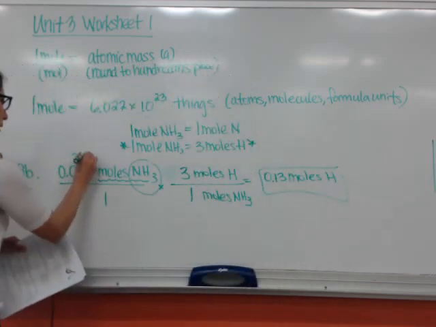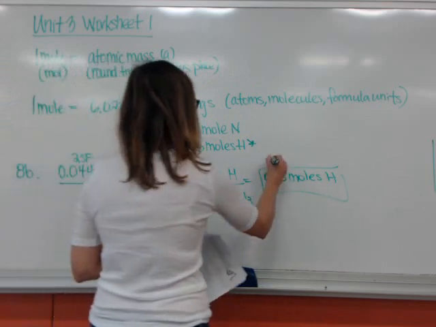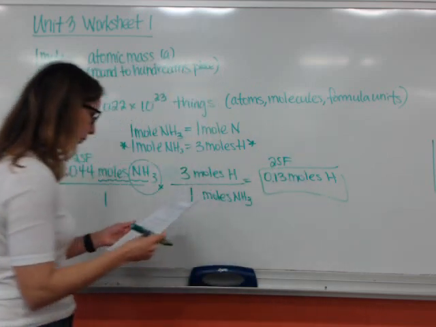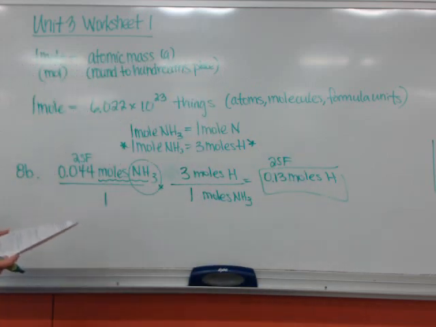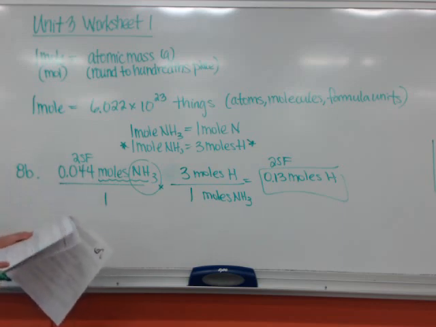You have 2 sig figs here. These are exact. You have 2 sig figs here. Okay? So now you're going to use this concept. When you do number 9b, 9b is just like 8b in terms of the setup. You're going to do a ratio within the compound.